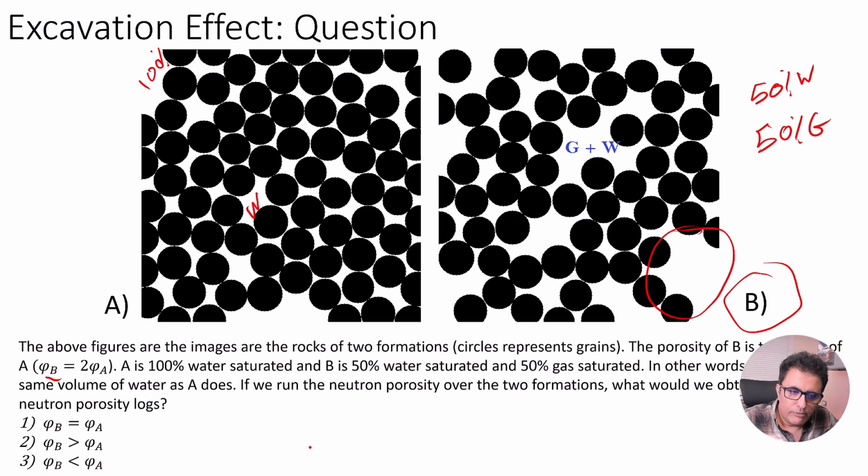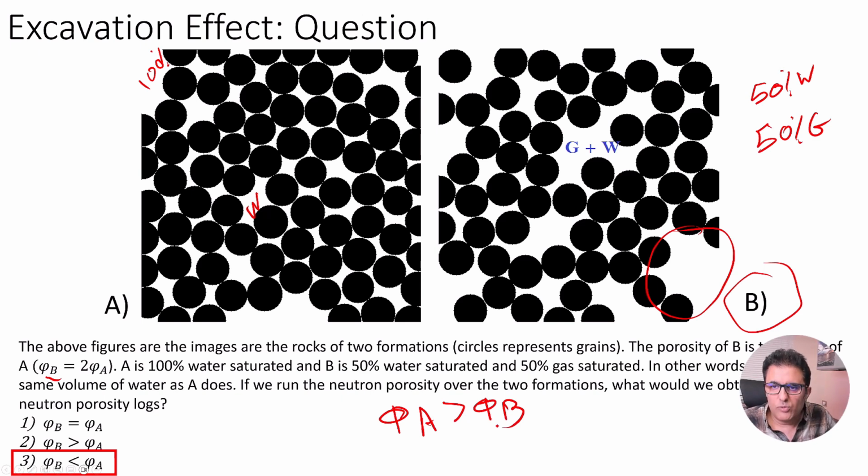Okay, guys, so if we run the experiment, the thing that we're going to notice is that phi a will be greater than phi b. So although the actual porosity of B is greater than A, if we run the neutron porosity log, surprisingly, we end up measuring phi a greater than phi b.